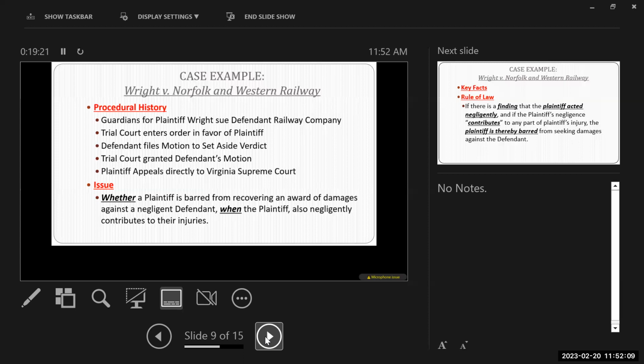Procedural history. Remember, this is the case where the guardian for the plaintiff sued the defendant railway. First thing to note is we have the guardian suing on behalf of the plaintiff. Well, by reading the case, we know that the plaintiff is 36. So why would we need a guardian to file this lawsuit?